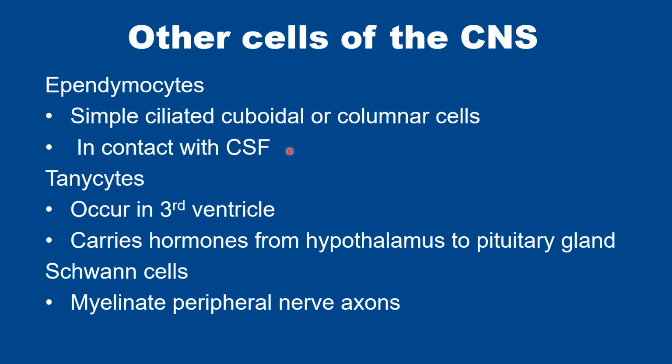They form the CSF-brain barrier. The tanycytes are special types of cells present in the third ventricle. They carry hormones from the hypothalamus to the pituitary gland. The Schwann cells myelinate the peripheral nerve axons.